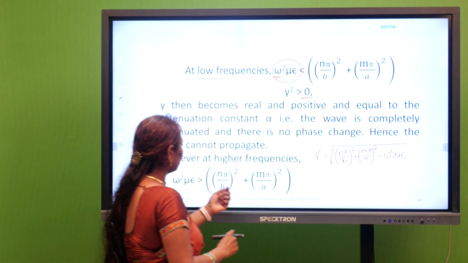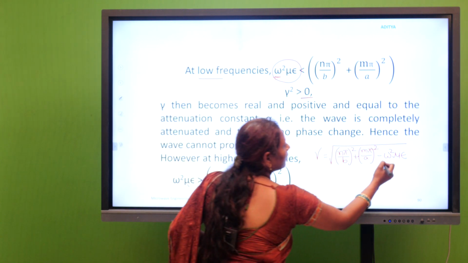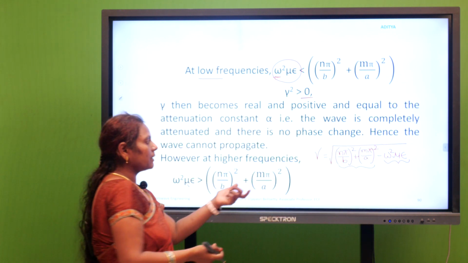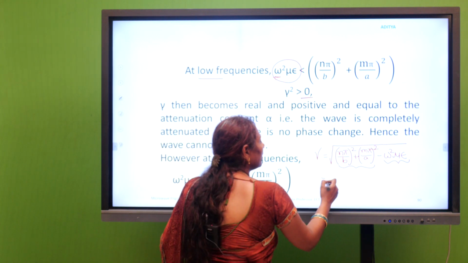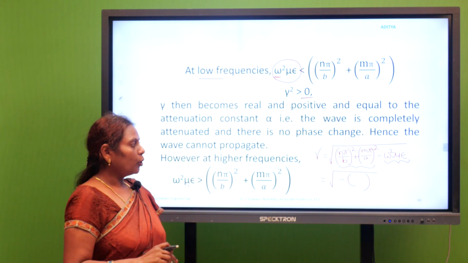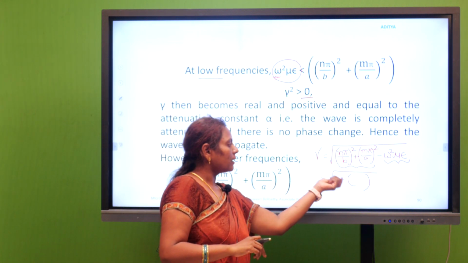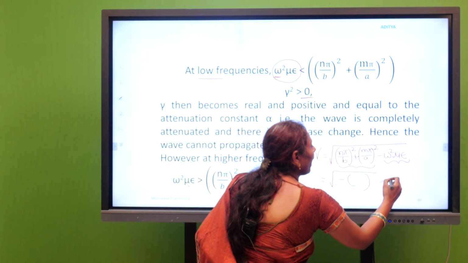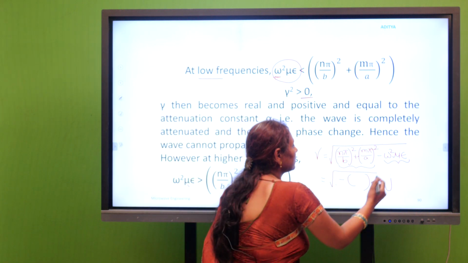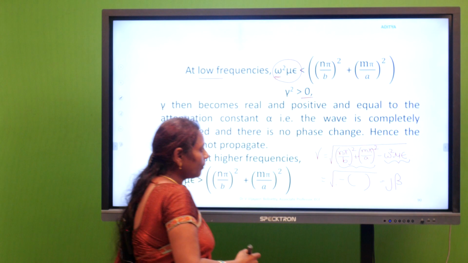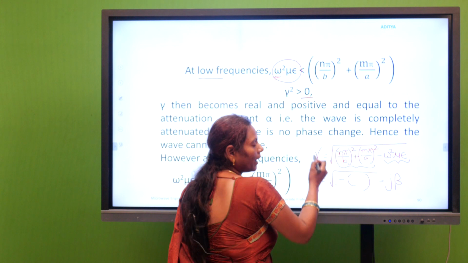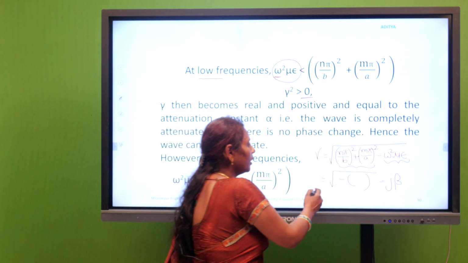So now what we are saying is that this negative term, omega square mu epsilon, is greater than this term. So obviously the result is a negative value in the square root. This root of a negative value is going to result in an imaginary term. So we can say that now gamma is equal to j beta, and it does not have any real, positive attenuation coefficient.